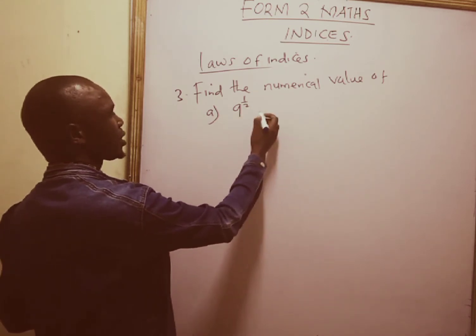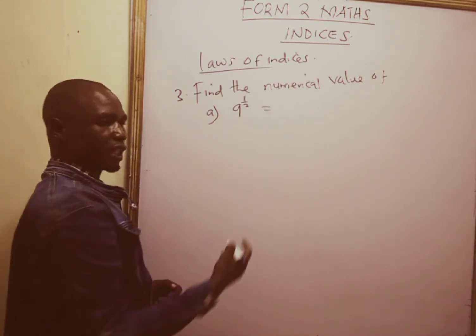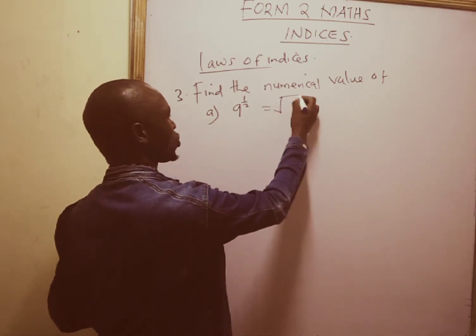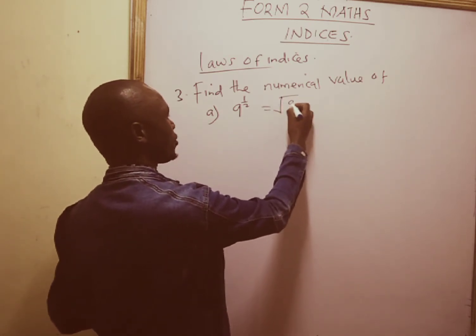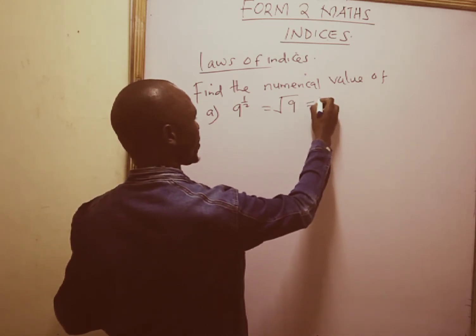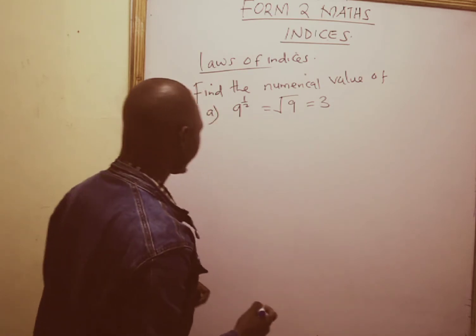When a number is raised to half, it means the square root of that number, which can be written as the square root of 9, and the square root of 9 will give us 3.